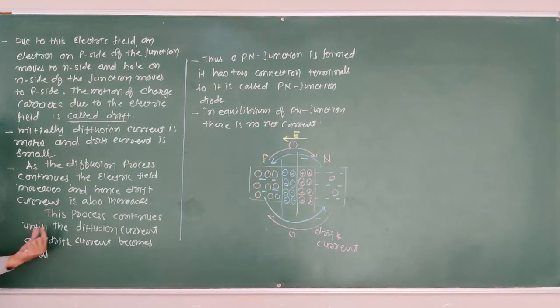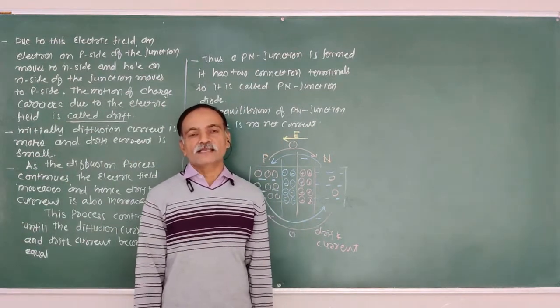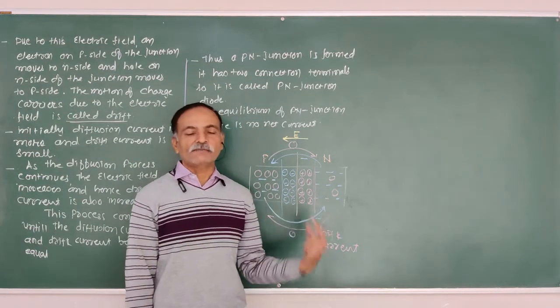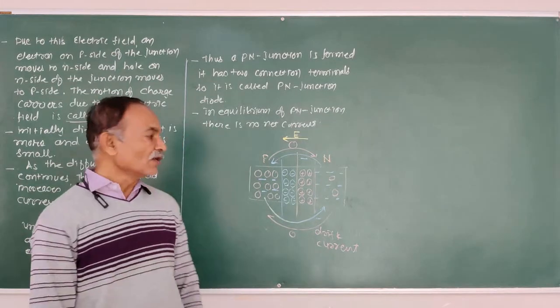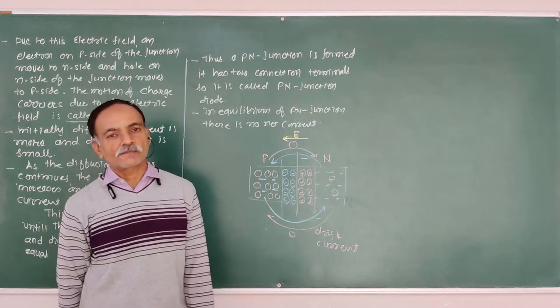This process continues until the diffusion current and drift current become equal. When both currents become equal, at that time the diffusion and drift stop.